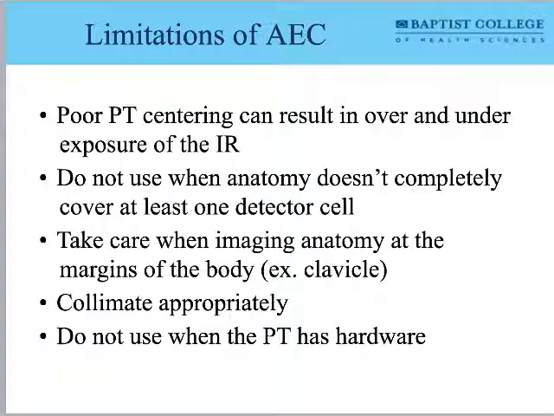So it would just result in an overexposure. This is in general why you mostly see these systems attached to the wall bucky, and you don't see technologists shooting extremity work like a hand on the wall bucky, right? It's not just the ergonomics of that, or how comfortable that would be for the patient or what have you. It also has to do with the use of the AEC.